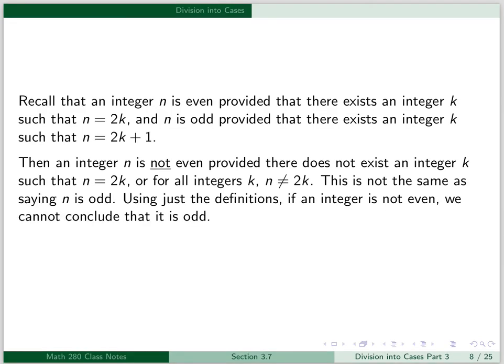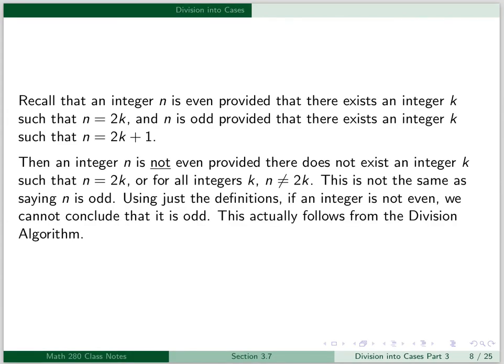Now this is not the same as saying that n is odd. Using just the definitions, if an integer is not even, we cannot conclude that it is odd. The negation of the definition for n being even just does not match up with the definition for an integer n being odd.